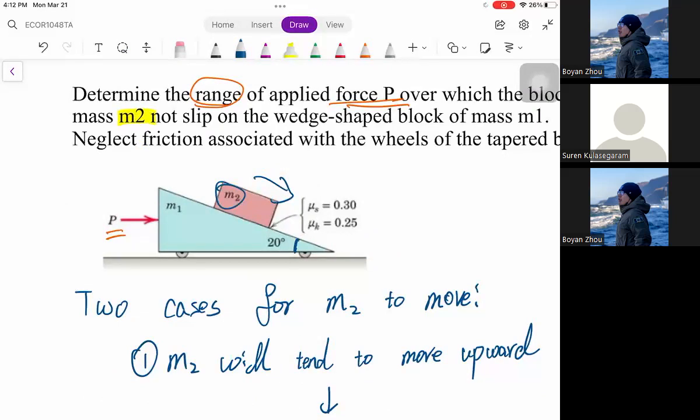Imagine it's not 20 degrees, it's 5 degrees, a very flat surface. In that case, no matter how heavy M2 is, it's just not going down. So we need to find a critical angle value for mass 2 to drop down.